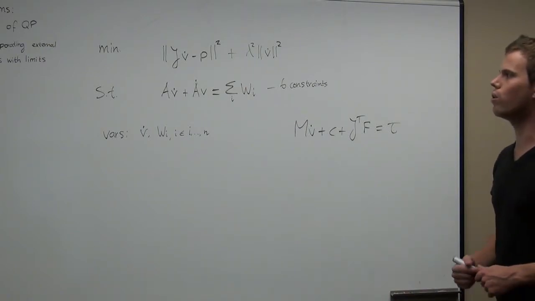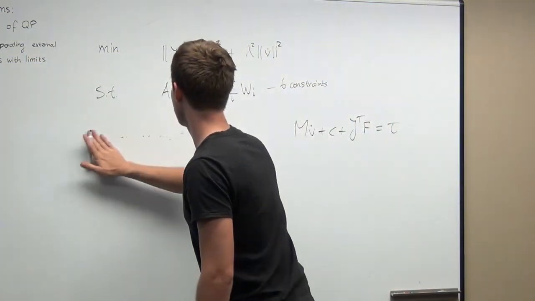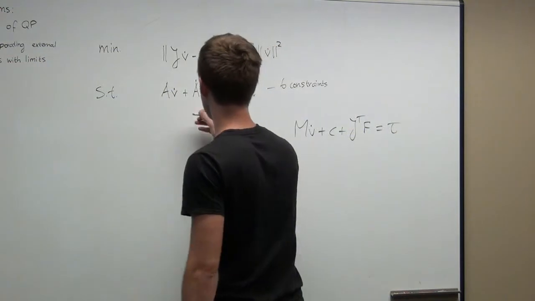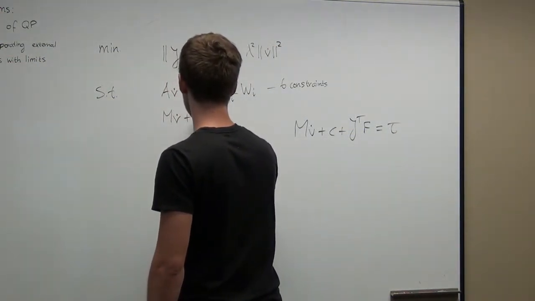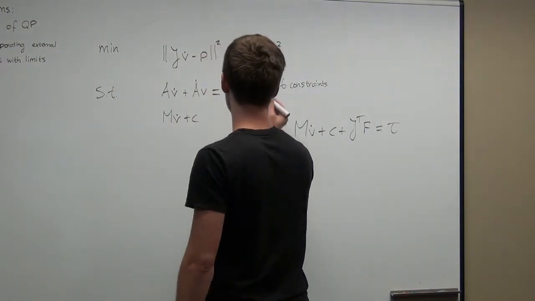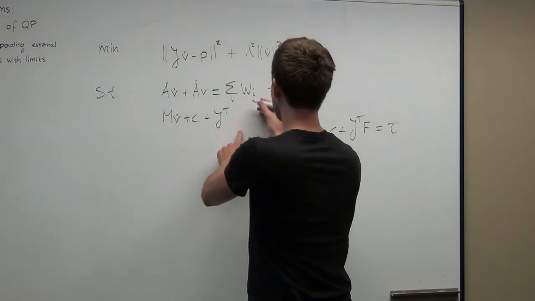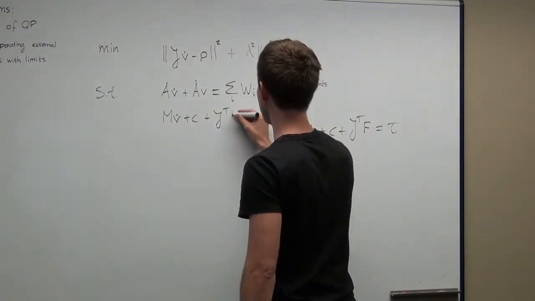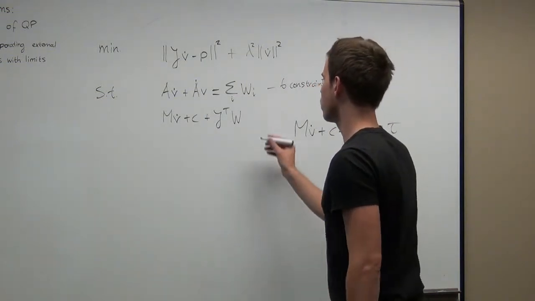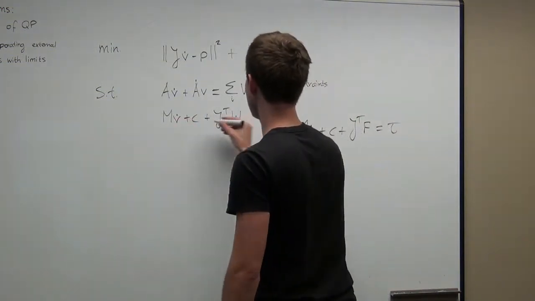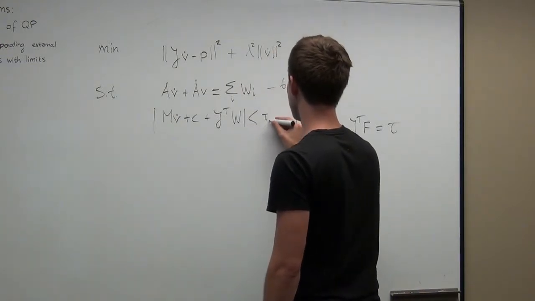So if you wanted to incorporate something like that, you could add M v dot plus c plus J transpose f, or let's make it just w, all of the wrenches, is less than tau max.